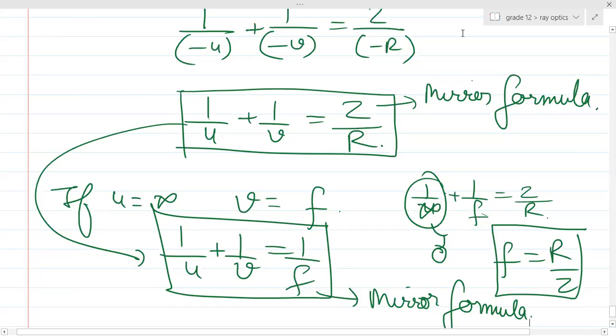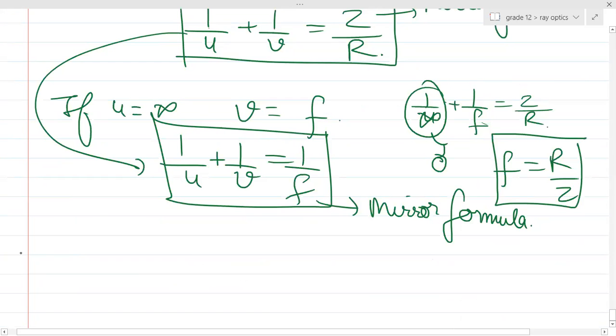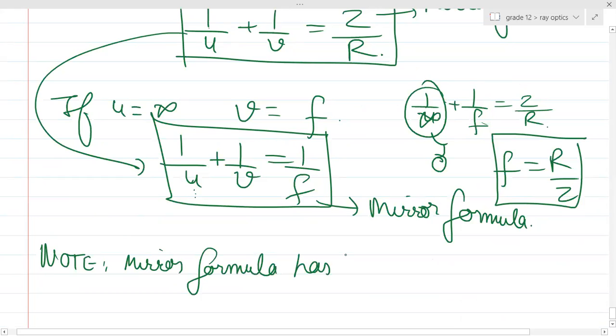Is it the same as the lens maker's formula? Yes, or are they different? They are different, beta. Lens maker formula is 1 by v minus 1 by u. And please remember, note this formula which you get, the mirror formula, when you use it in numericals, has to be used with the sign conventions again.